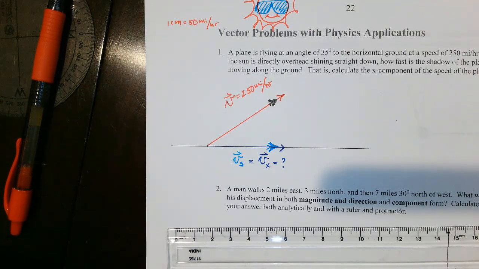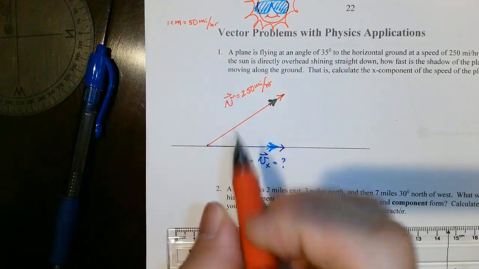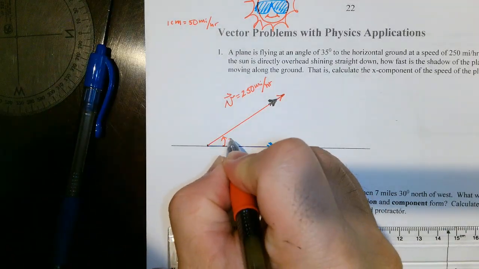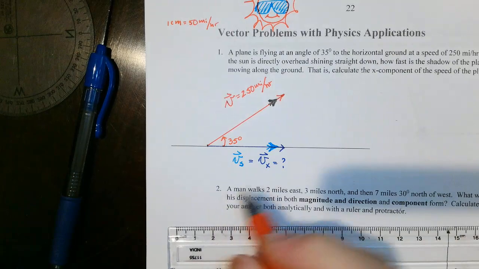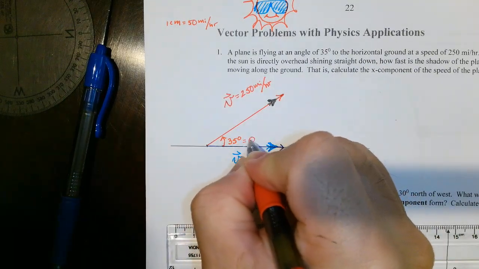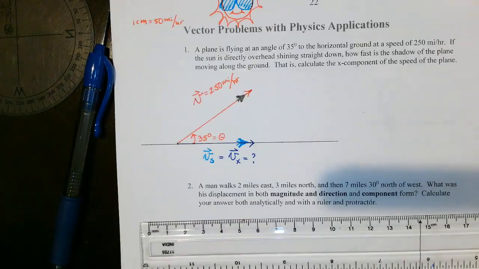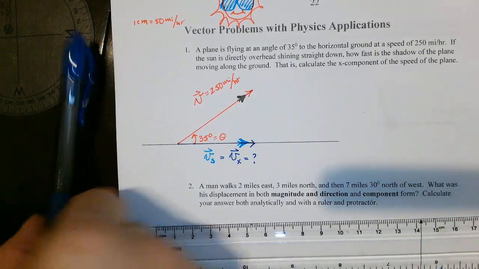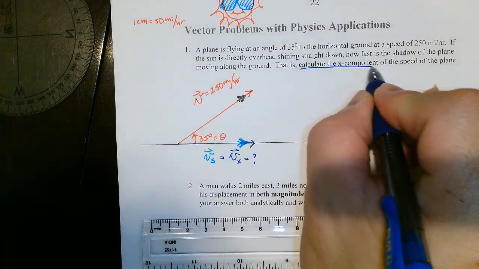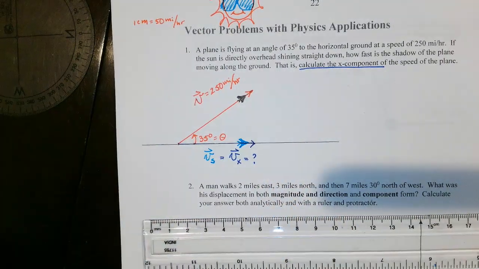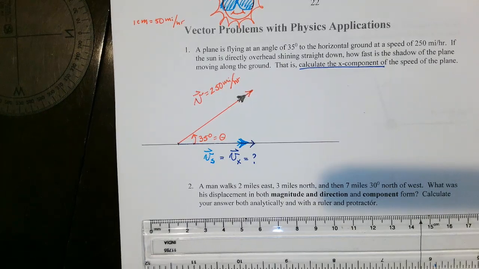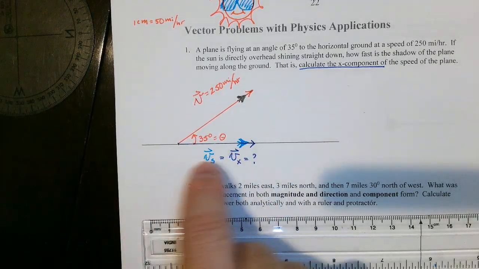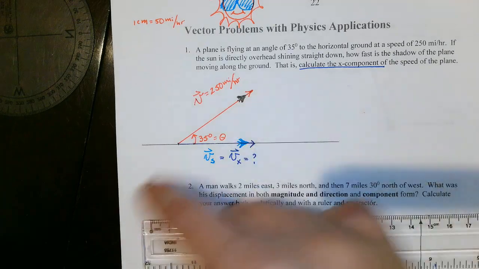Since we know that this is flying at 35 degrees to the horizontal, that's the theta. We can use the information given here to calculate the x component of the speed of the airplane. How do we do that? Well, we know this is adjacent to my angle theta, and this is the hypotenuse.